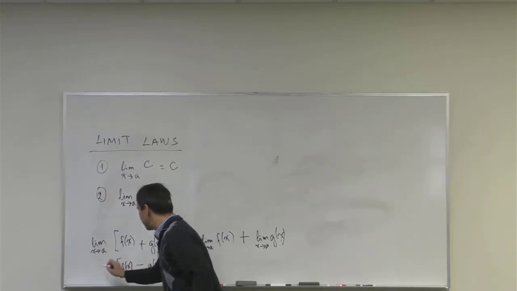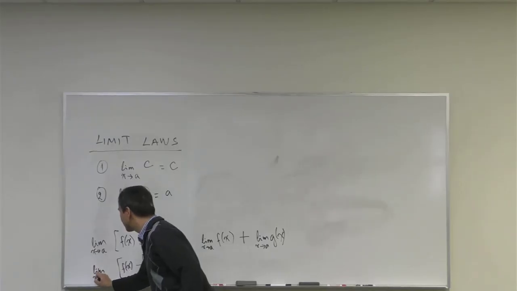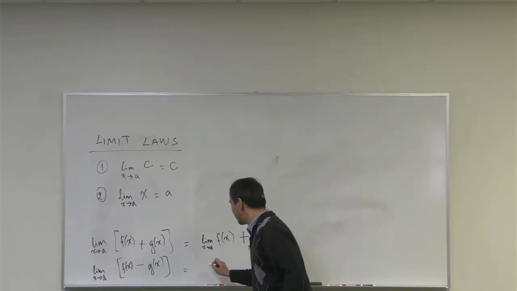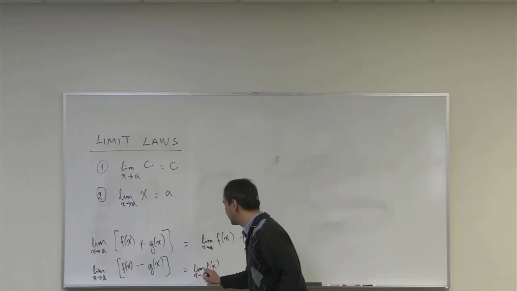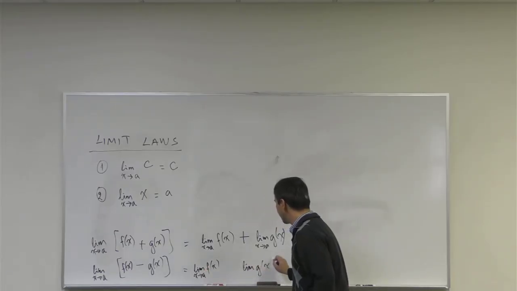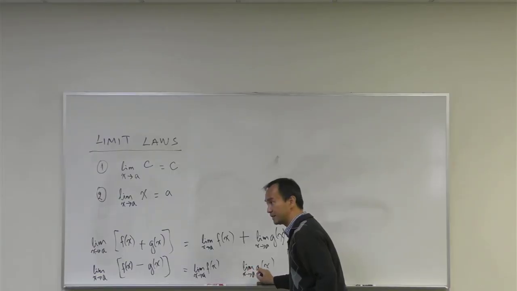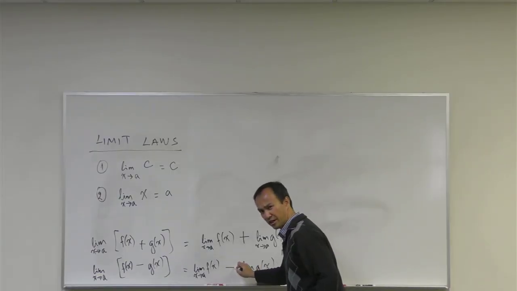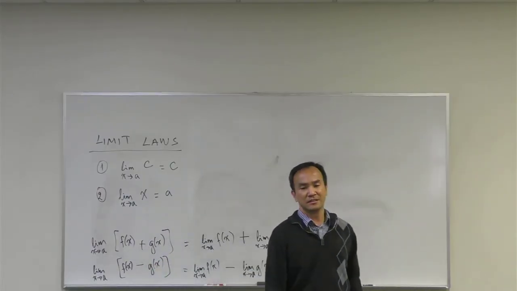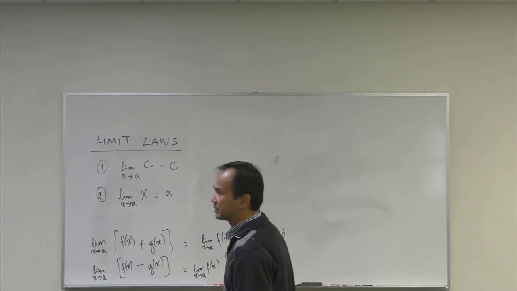And taking the limit, this rule says you can simply take one separate limit for f, one separate limit for g, and then subtract the two results. But when it comes to subtraction, the order of that subtraction matters, so make sure you stay in that original order of subtraction.